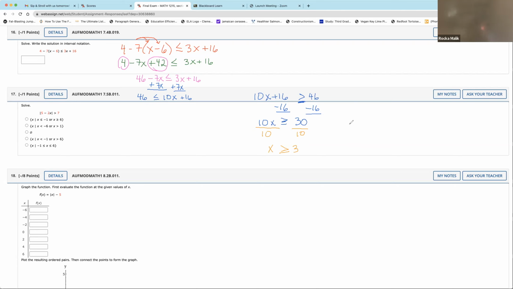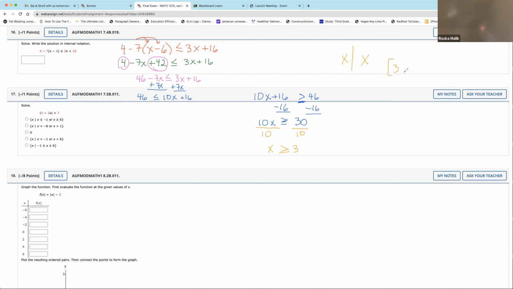So my answer in interval notation: x such that x is 3. It includes 3 because it's greater than or equal to 3, so I get this hard bracket.